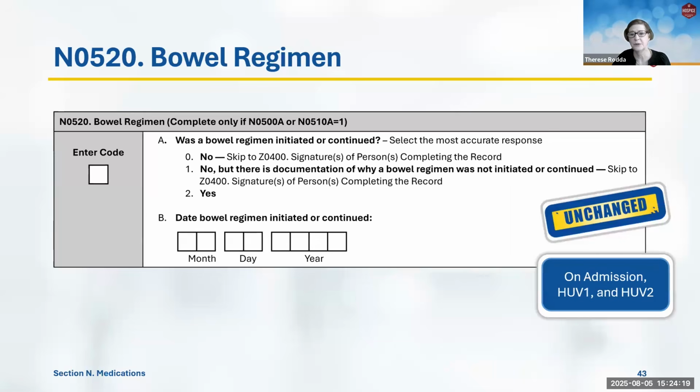You would code 0, no, if a bowel regimen was neither initiated nor continued, and then skip to section Z. Or you would code 1, yes, or 9, no, there is documentation of why a bowel regimen was not initiated or continued, or then complete B for the date a bowel regimen was initiated or continued. If the nurse initiates or determines at an HUV that the bowel regimen was continued, they would put the date that it was confirmed, the date the HUV was conducted.